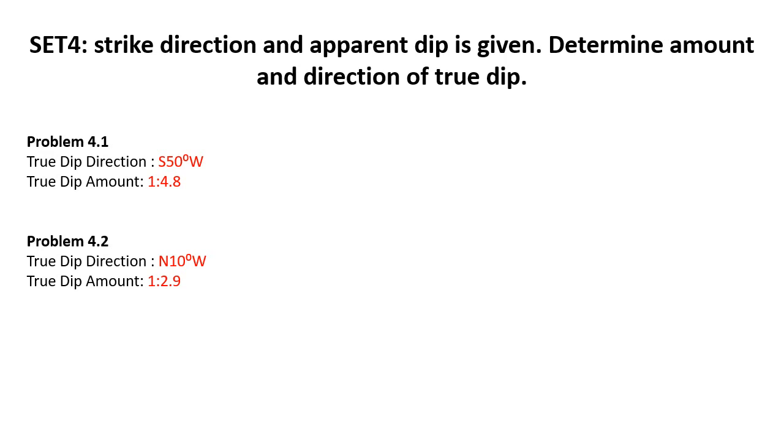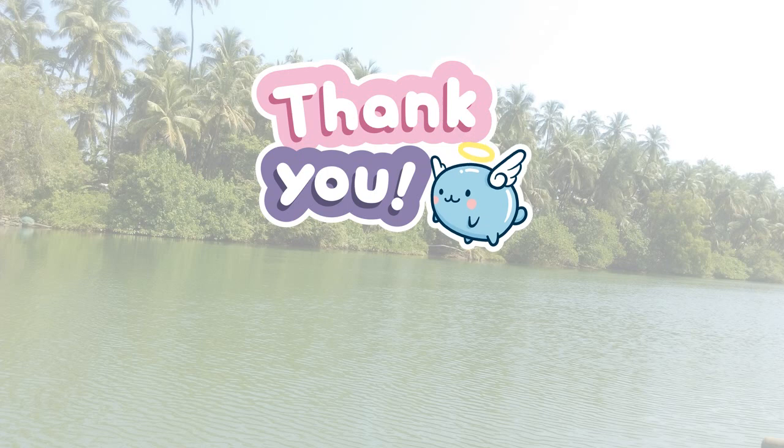Then you just transfer the strike line from that point A. Okay, parallel line you have to draw from point A. Okay, then to this line we have to draw a perpendicular passing from center. So that will give you the required true dip direction and amount.